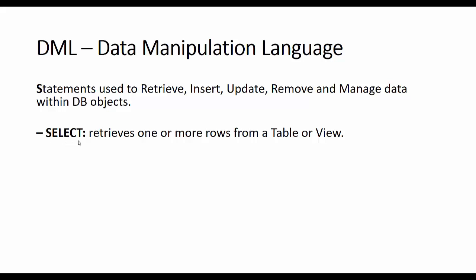Select is a DML because you not only retrieve the data, but you can change the nature of the data that you are retrieving by using various functions provided in SQL, by using aggregate functions, by joining the tables and getting meaningful data in some other way. Let's say you have two columns, first name and last name, and you can combine those two columns and get the first name and last name as a combined name.